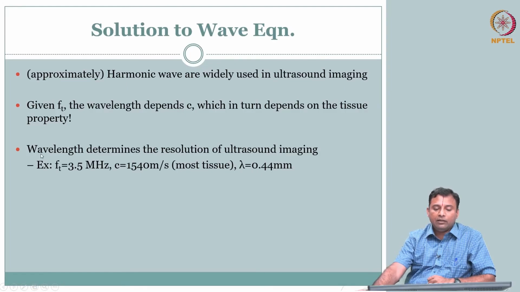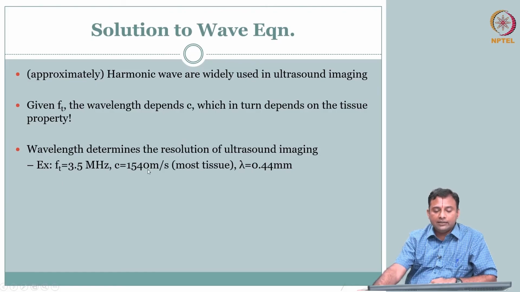For a typical configuration, say the transmitted frequency is about 3.5 megahertz. Remember we said 1 to 20 megahertz, but 3.5 is in a range that is very popularly used. So, 3.5 megahertz is f.